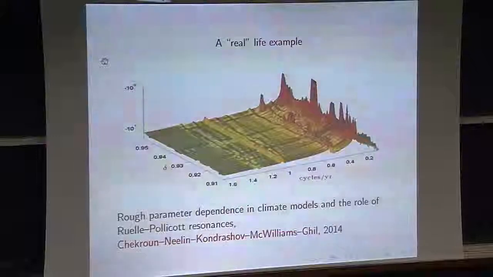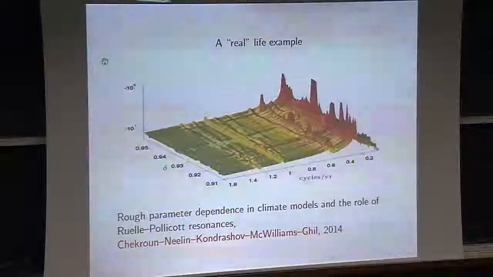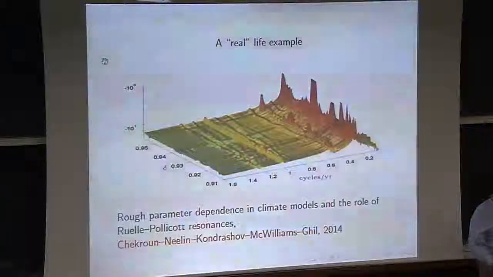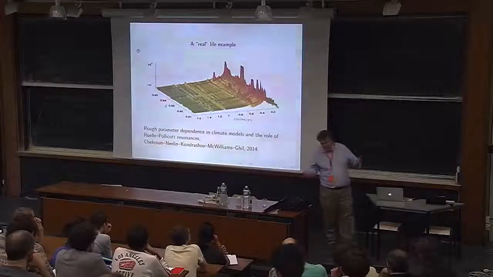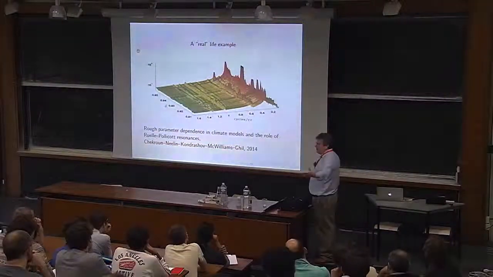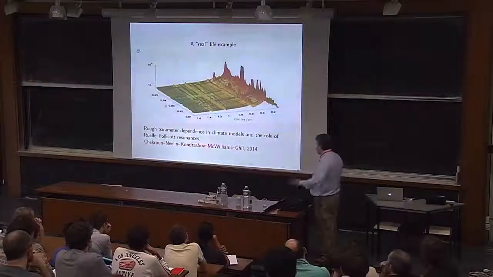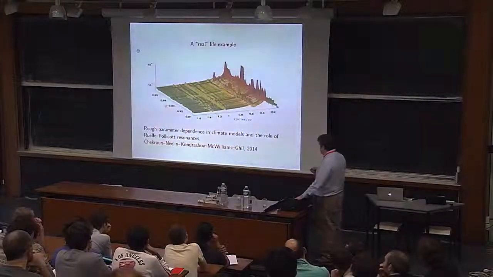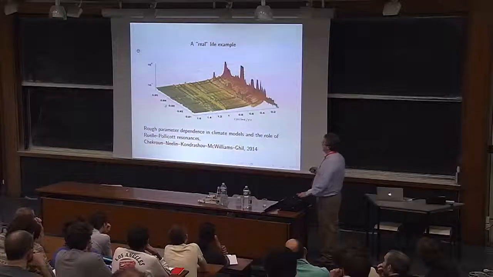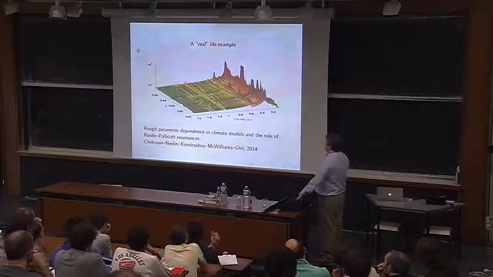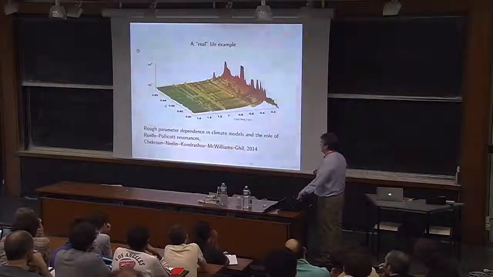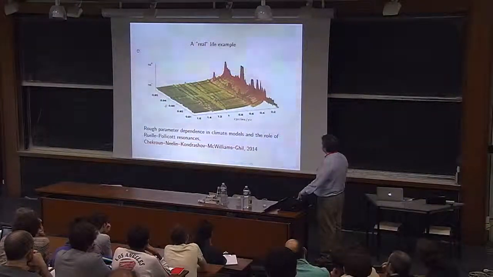What they look at is some climate model, very complicated. These are actually real PDEs. You study PDEs, you apply finite dimensional chaotic dynamical system theory to much more complicated objects. What they were interested in was a parameter dependence. Delta is some parameter in the climate model, and they look at the distribution of Pollicott-Ruelle resonances.